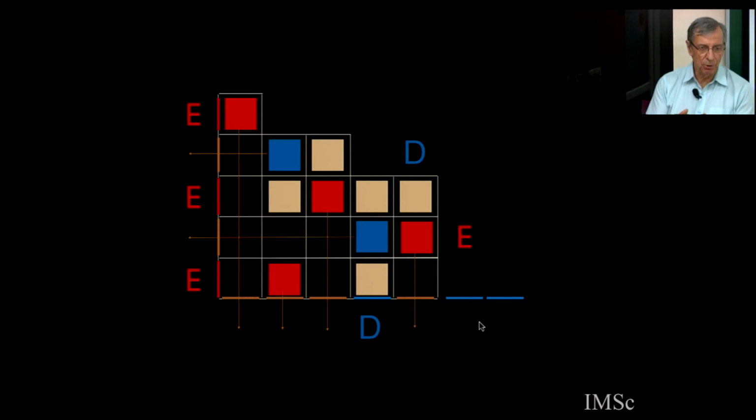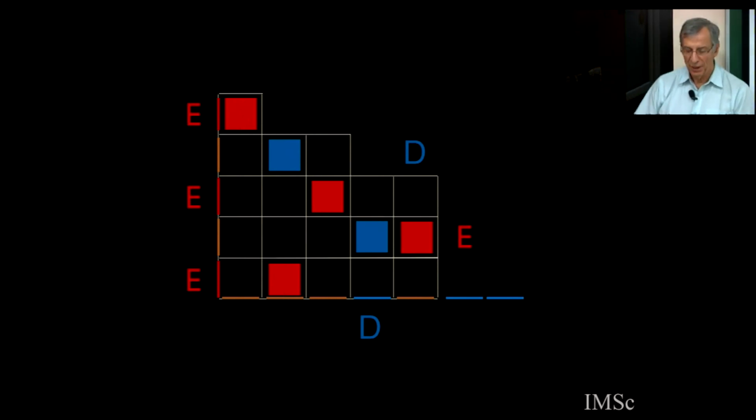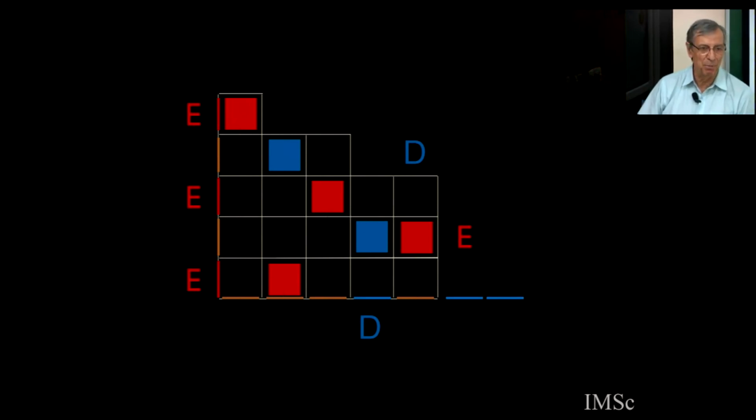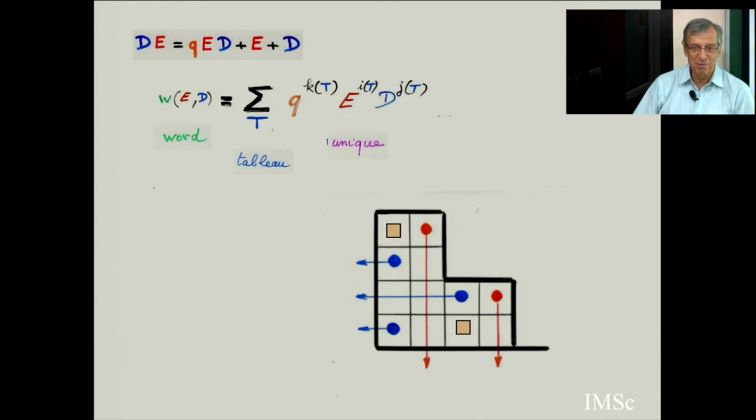And so this tableau is a contribution to the expansion of the monomial in terms of monomials in E and D. In fact, I don't need all 6 possible labels, I just need the labels blue and red, and this gives me the alternating tableau. So just remember the alternating tableau, and this is the analog of the permutation for RSK, the analog for this quadratic algebra.